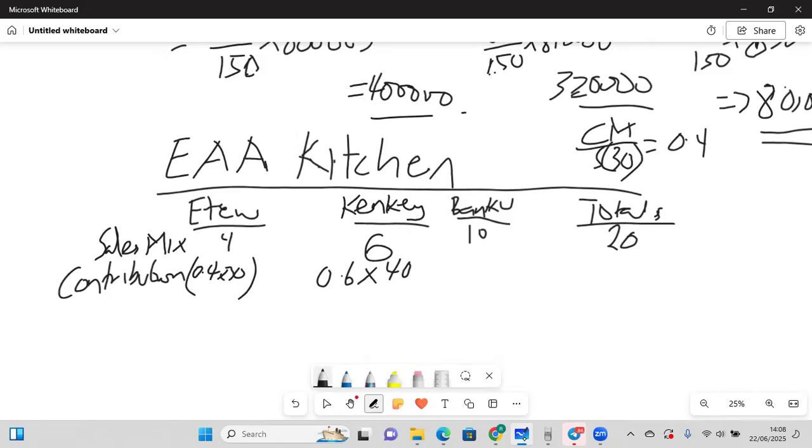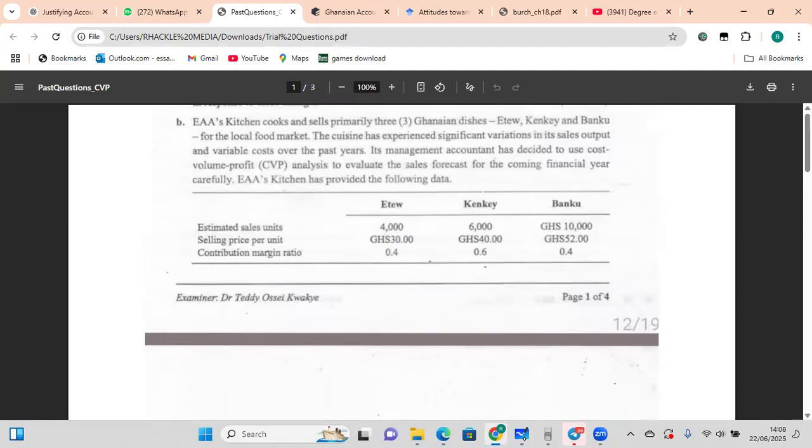And then the next one is going to be 0.4 times 52.